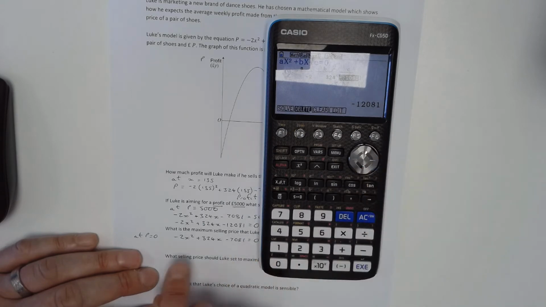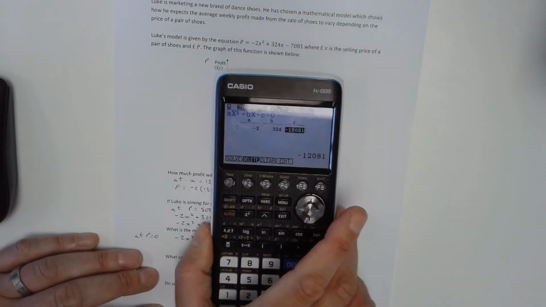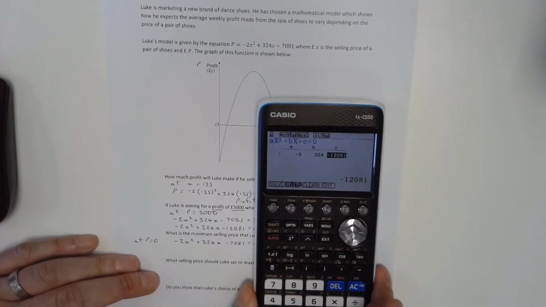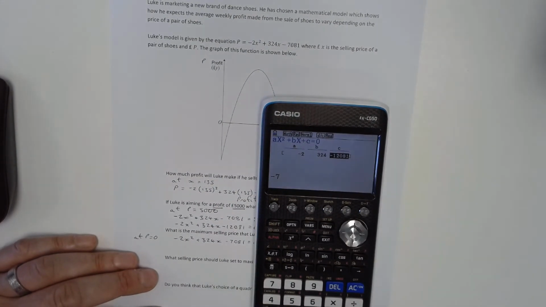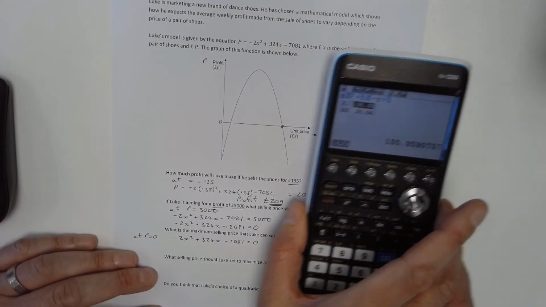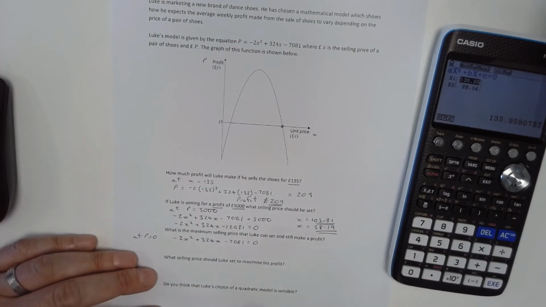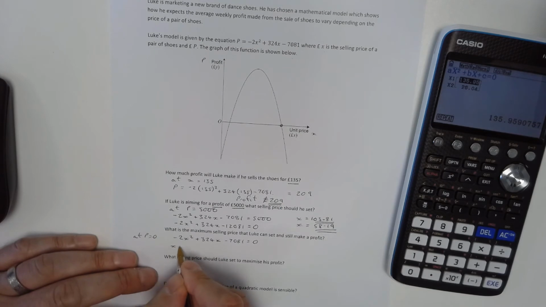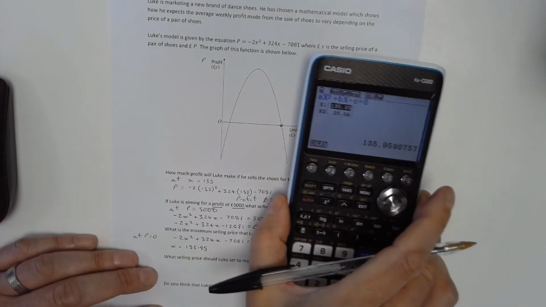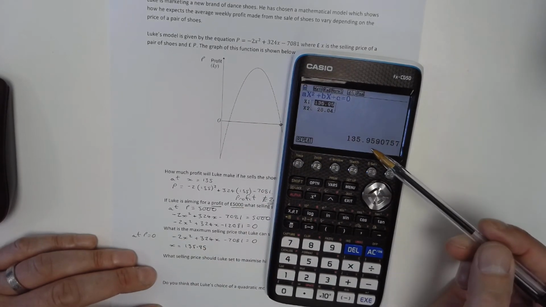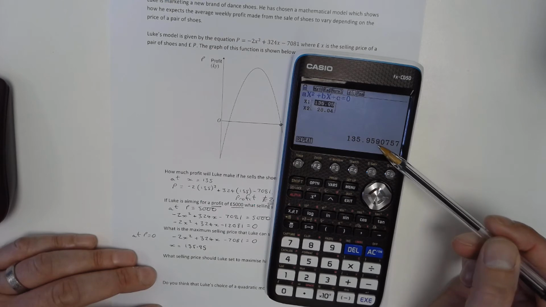So this time it's exactly the same, minus 2, 324, and then in there we have minus 7081, and I solve that, and I've got two solutions. I'm going to write down the solutions of these first.